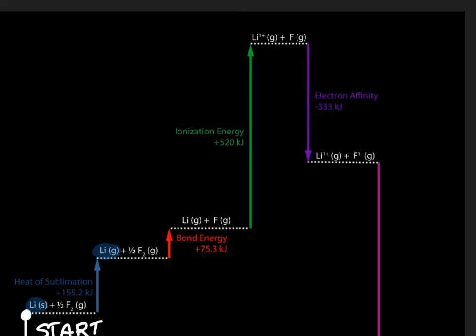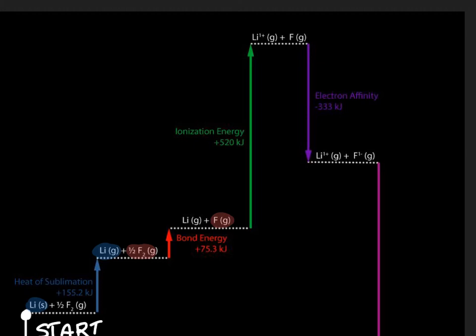The next step is breaking the bonds between the fluorine molecules. Going from 1/2 F2 gas to atomic fluorine in the gas phase requires us to supply the bond energy of 75.3 kilojoules per mole of fluorine atoms produced, and that again increases the energy of our system.